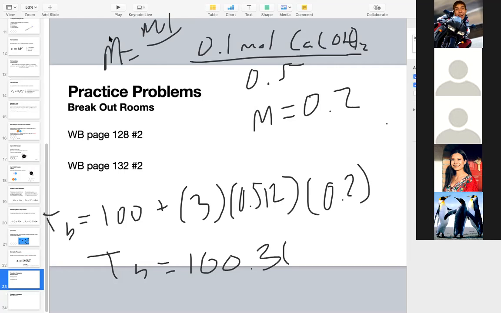So we remember our molality will stay the same, 0.2. Our Van't Hoff factor will stay the same. Our T boiling point will not stay the same, because now we're looking at freezing.